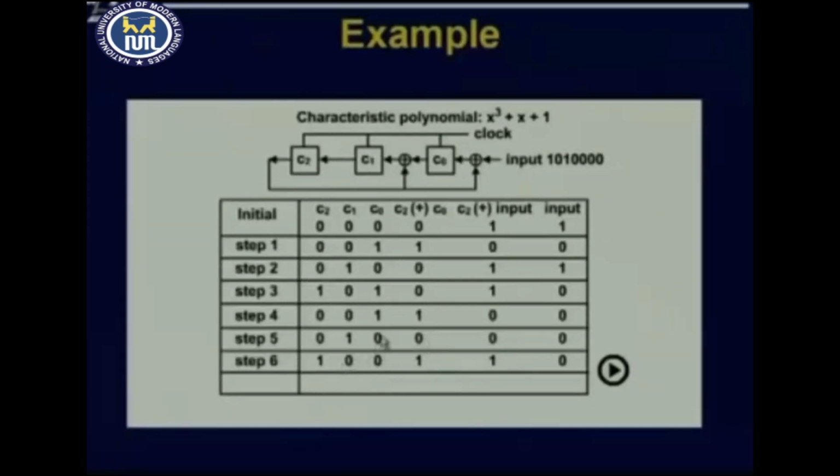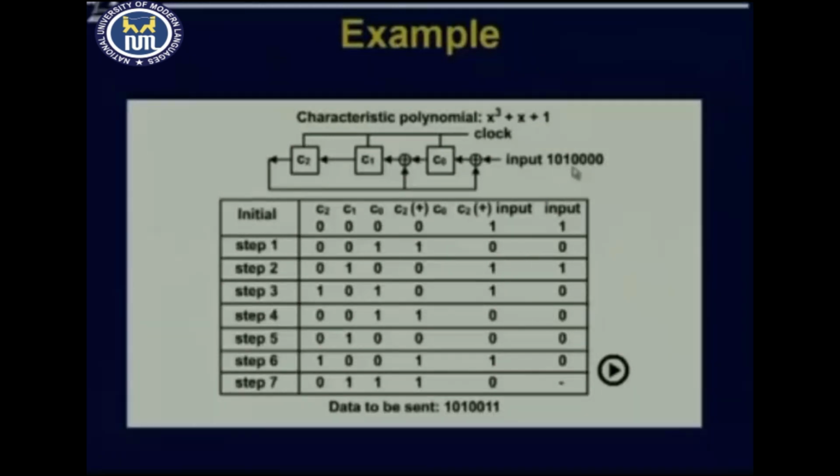This 0 comes here, this 0 comes, this 1 comes here, and finally we apply the final clock, so we get the final CRC, which is 0, 1, 1. After applying 7 clocks, we got the CRC 0, 1, 1, which is actually in the flip-flops. So the data to be sent is 0, 1, 0, 0, 1, 1, 0, 1, 0, 0, 1, 1.